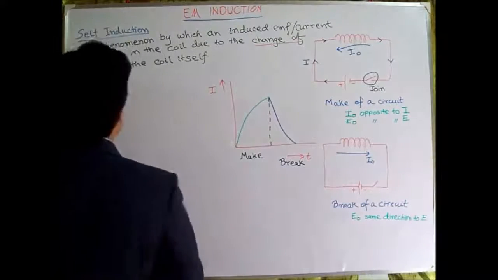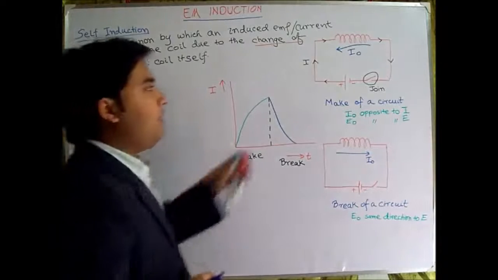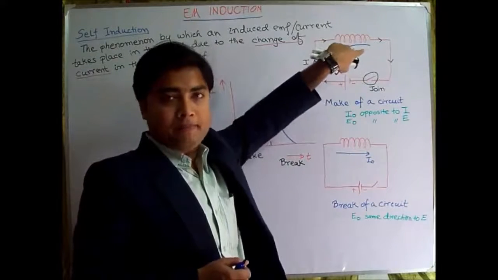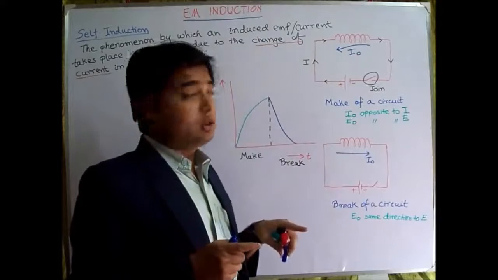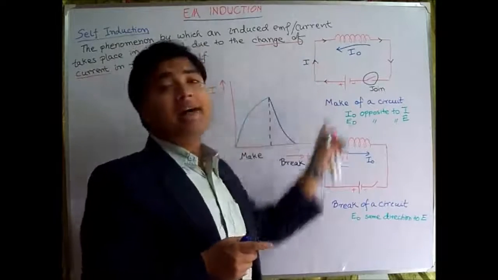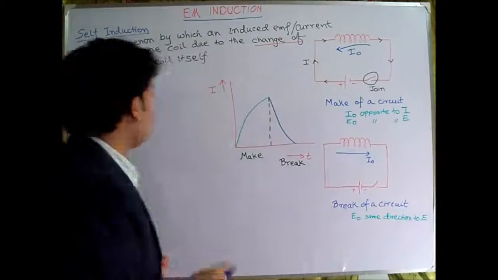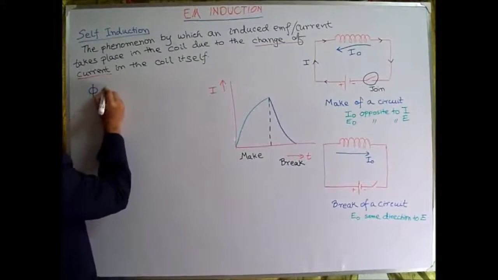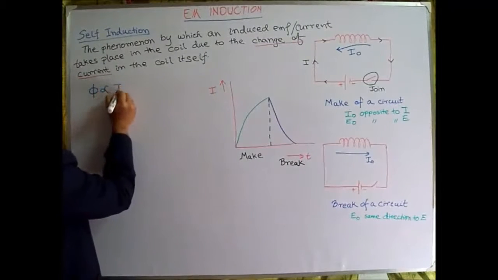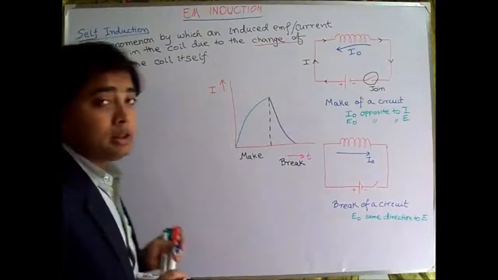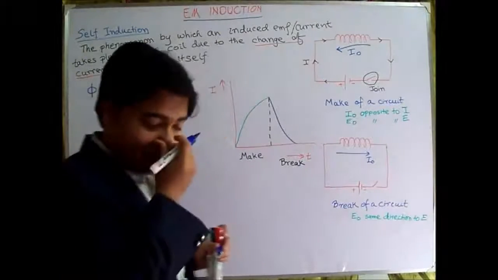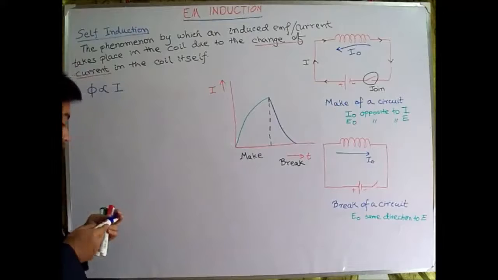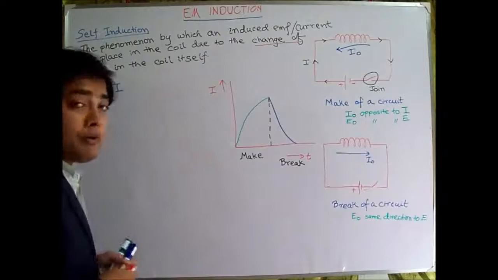Now it is seen that the magnetic flux associated with this coil is directly proportional to the current flowing in the coil. So we can write that this magnetic flux is directly proportional to the current flowing in this coil. And to change this proportionality into equality, we take the help of a constant.